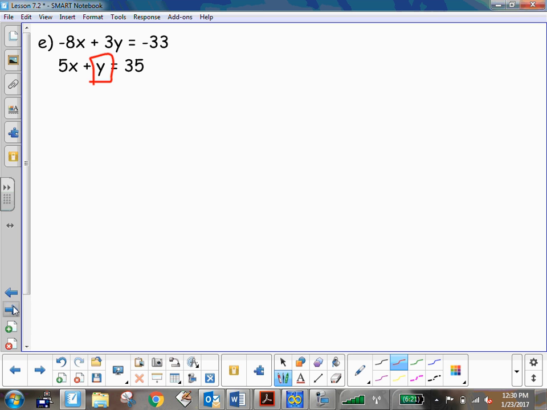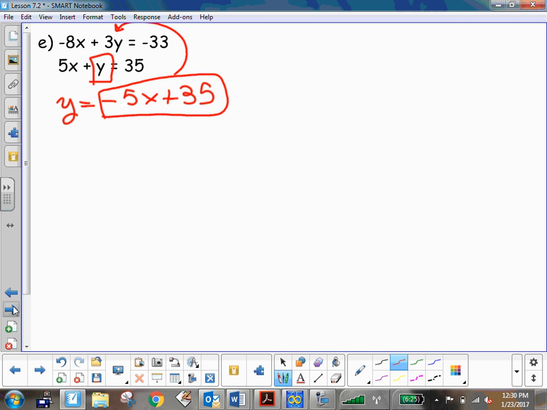So that means we're going to let y equal negative 5x plus 35. Agreed? Now, where am I going to put this y value? Which equation am I going to use now? The second one. You're never using the same equation because you'll just go in a big circle. So we're going to take this value and put it right in there.